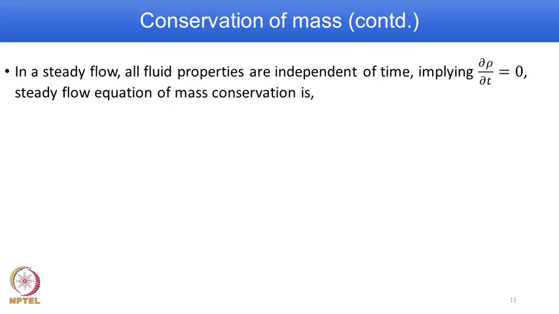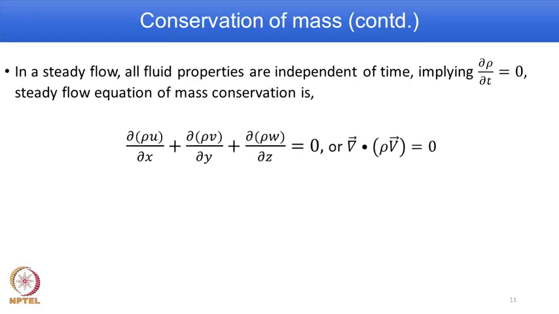So any term with a time derivative will go to 0. In this case it is dou rho by dou t. So that first term goes to 0, and the mass conservation equation gets reduced to only the spatial derivative term given here, and in terms of vector, del dot rho v equal to 0.